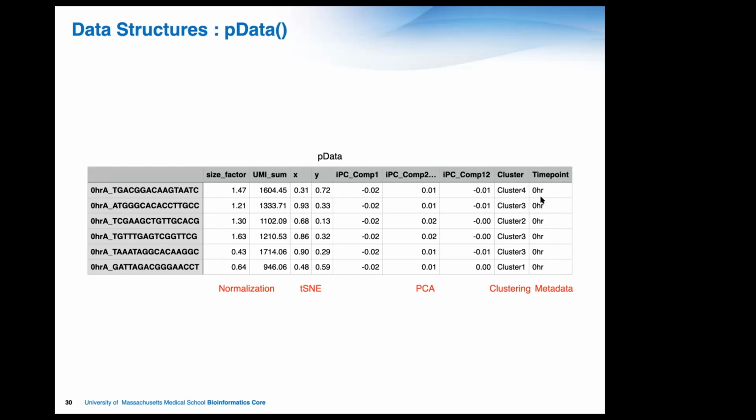This keeps track of whether those single cells were from time point 0 or time point 1 hour. We can cluster the cells and write that in. You can run principal component analysis (PCA) and write that information into the pData.